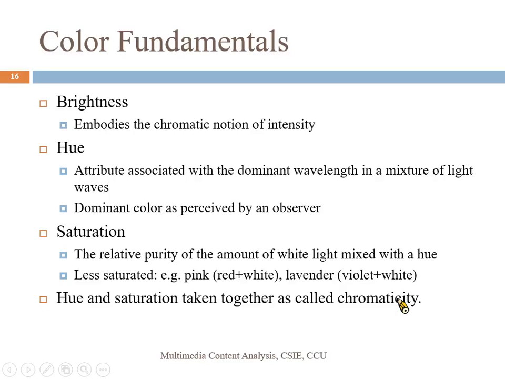And in addition to red, green, and blue, we have another way to describe a color. We may also use brightness, hue, and saturation. The brightness represents the intensity value, that is also the strength of the light.